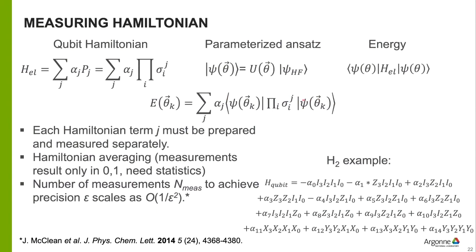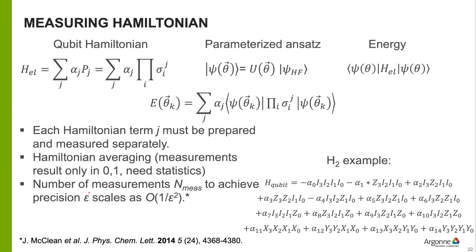When you measure the quantum circuit, you get some probabilistic outcome, and you have to repeat the measurements to gather the statistics. So you have to prepare the circuit for each Hamiltonian term separately and measure it. And on top of it, you also have to repeat this multiple times to get statistics.